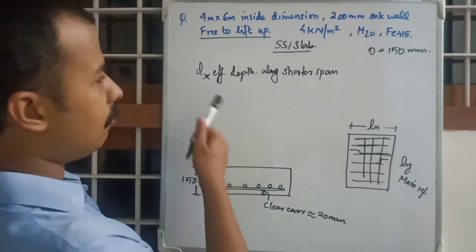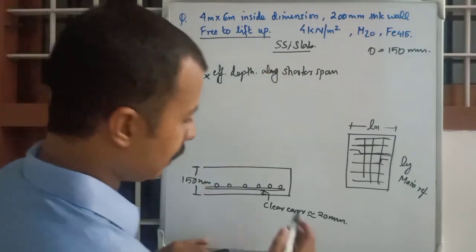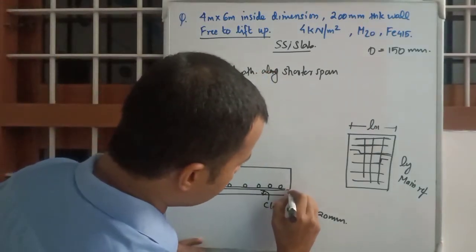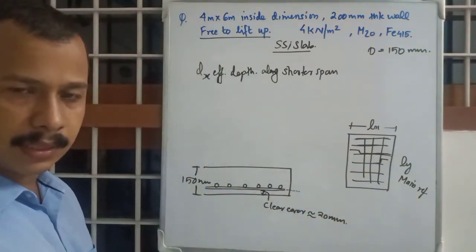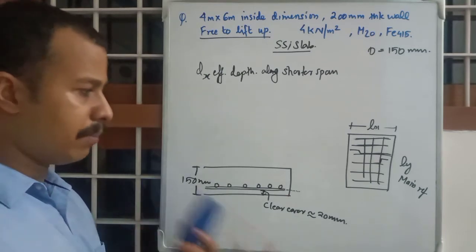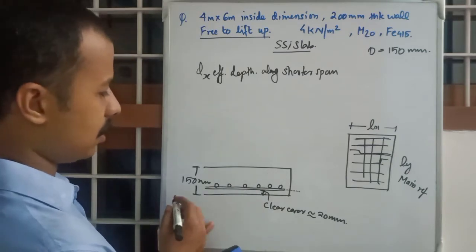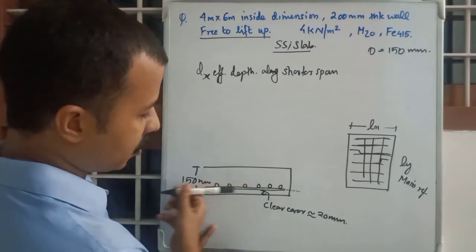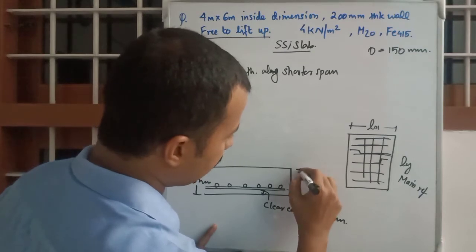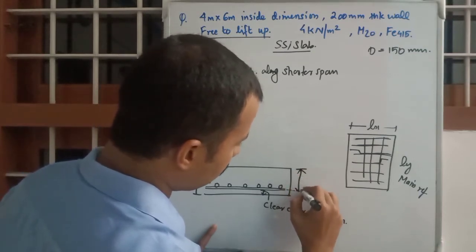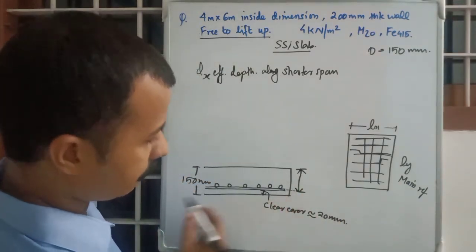Then what will be dx, effective depth along shorter span? It will be the midpoint of this particular bar, right? In slabs and beams we just used to calculate at the bottom part. In this case the Lx direction reinforcement is the bottom one, so we need the distance from here to the midpoint of this bottom reinforcement.